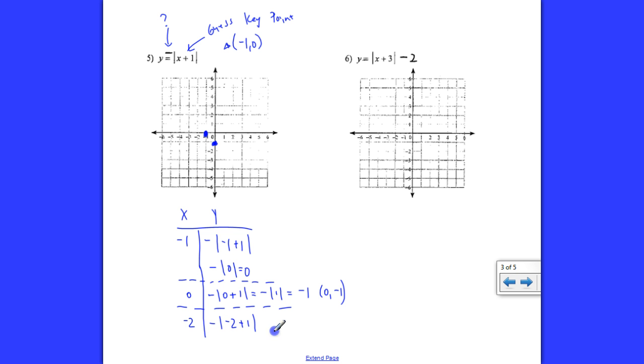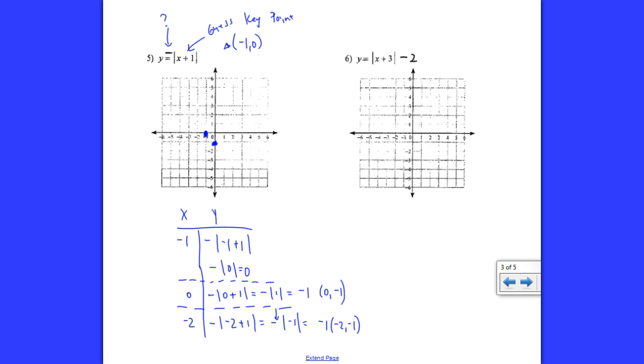Don't forget about that negative sign outside. That equals the opposite of negative 2 plus 1, which is negative 1. Inside the absolute value it becomes 1, but you have this sign out here, so that's actually negative 1. So that is the point (-2, -1).